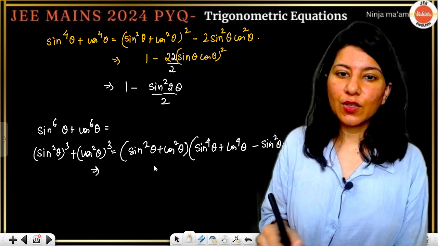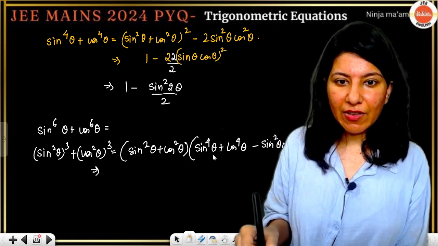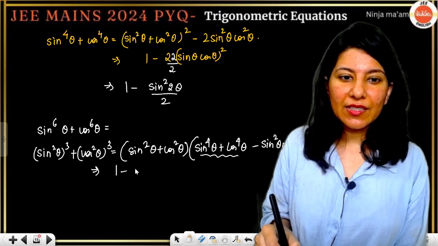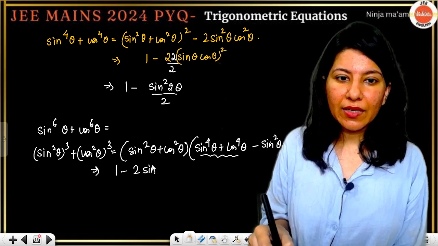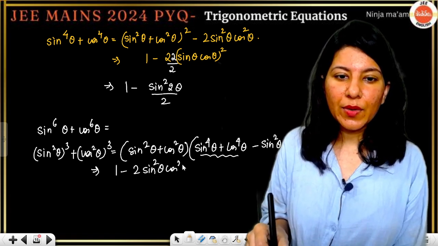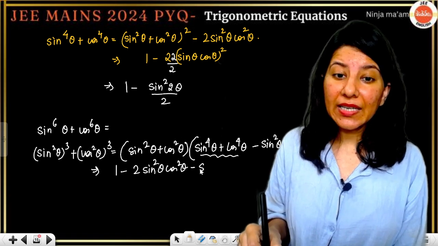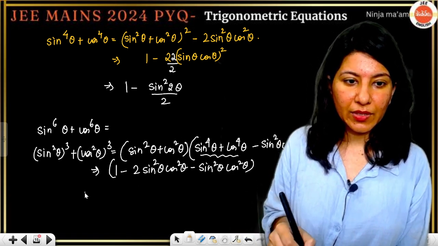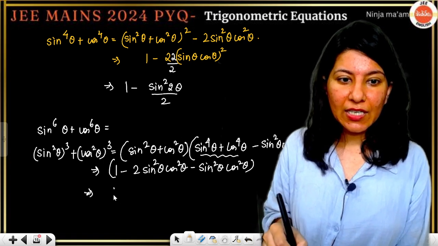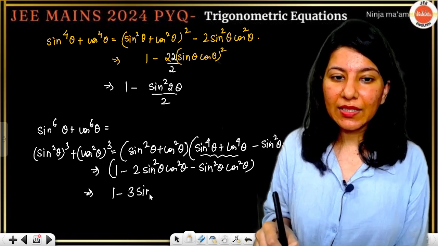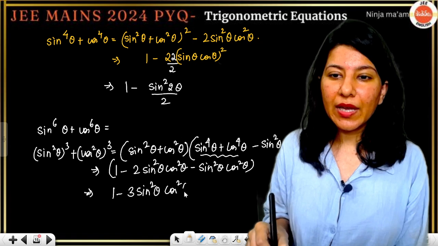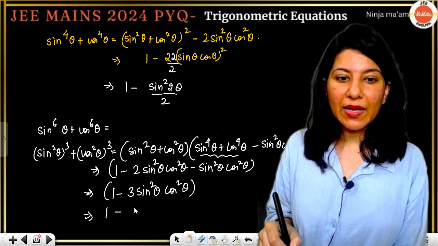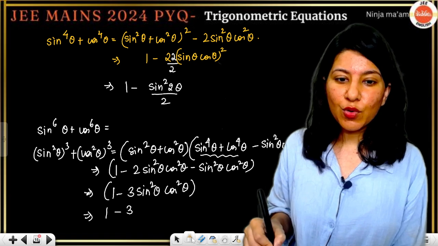Okay, all right. So this is it. Anyway, 1. What about this? This we have already calculated, right? 1 minus 2 sine square theta cos square theta. Okay, minus sine square theta cos square theta. Okay, all right. So 1 minus 3 sine square theta cos square theta. Okay, all right. So this is going to be 1 minus 3. Now multiply and 4.